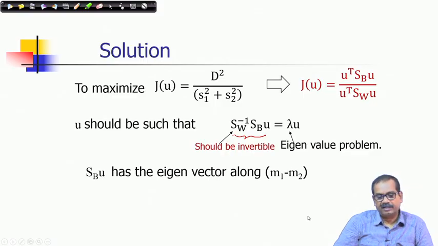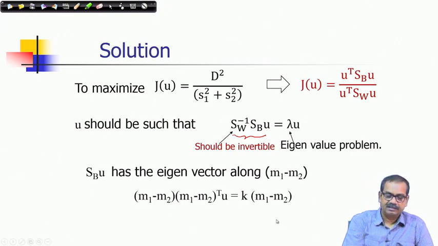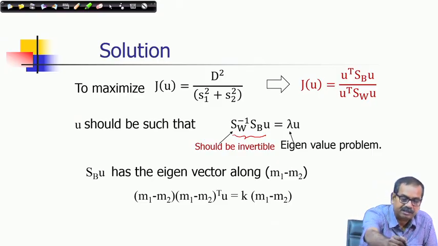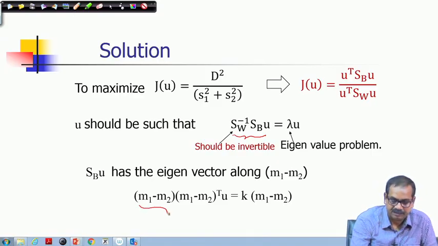One of the interesting things is that SB u has the eigenvector along m1 minus m2 already. This can be shown easily if I consider this particular expansion of SB. So, this is nothing but SB.